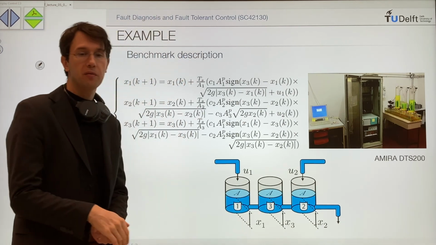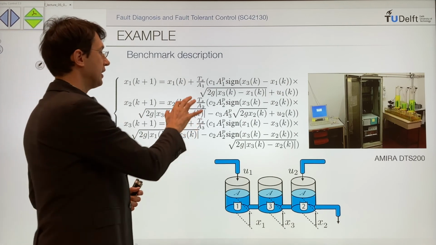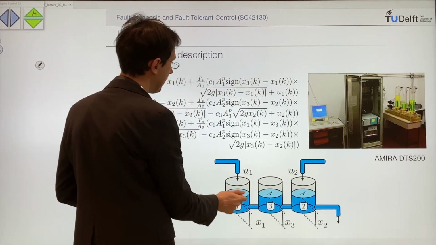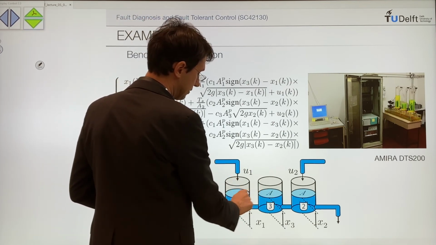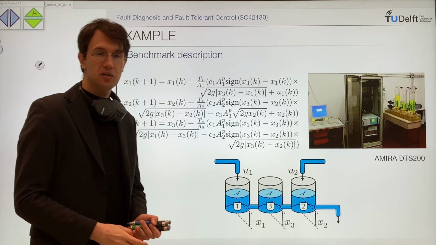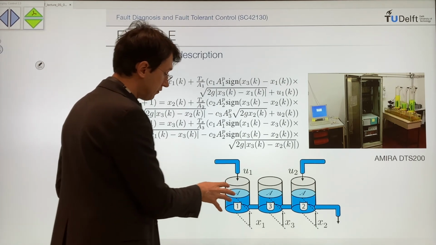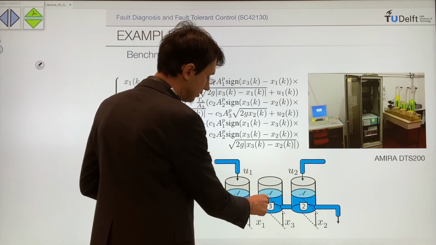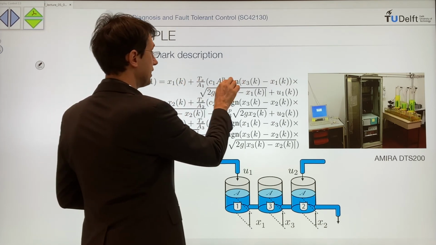So if you apply simple conservation of energy, you get equations like that, where you see that the flow through the pipes depends on the square root of the difference between the levels in the tanks. Of course, the water is flowing from the tank that has the higher level to the tank with the lower level, and this is captured by the sign that you have here.